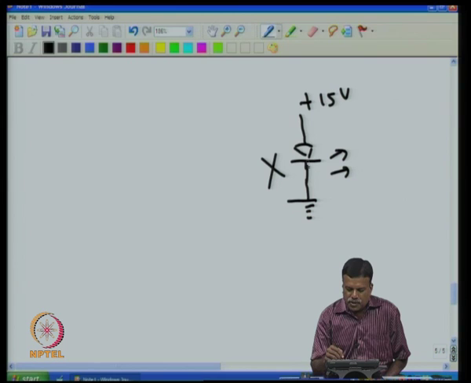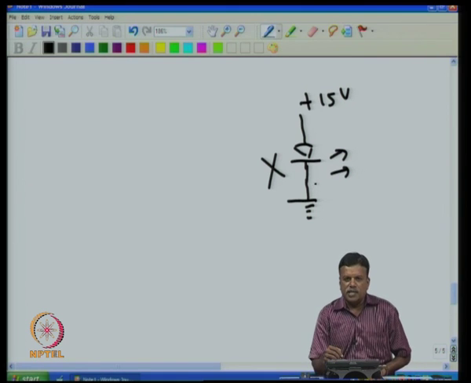Depending upon the color of the LED, the current through the LED varies exponentially with the voltage. For most LEDs we need only 1.8 volt. If 1.8 volt is across the LED, you will find about 10 milliampere current going. If you apply 15 volt across the LED, it automatically takes a very huge current and then it goes bad.